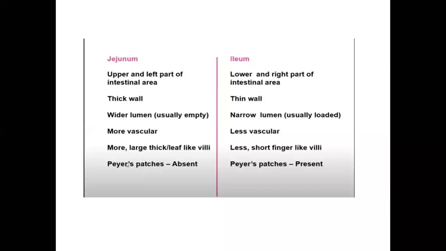Now the jejunum is more vascular, and the ileum is less vascular because it has more surface area. The jejunum has large, thick, leaf-like villi, but the ileum has short, finger-like villi. In the jejunum the Peyer's patches are absent, whereas the ileum has the Peyer's patches.